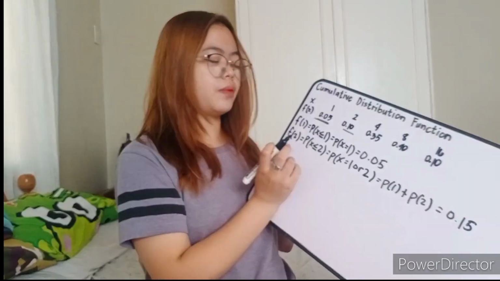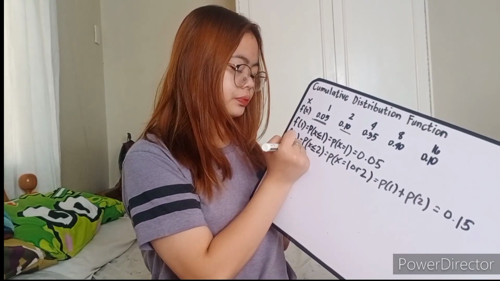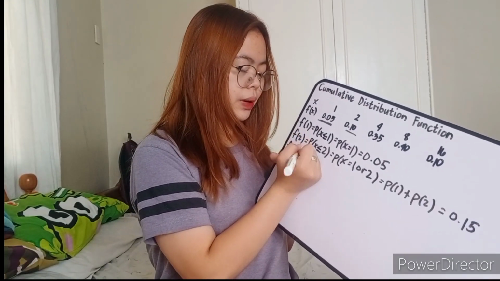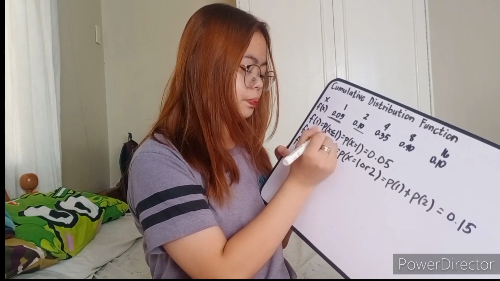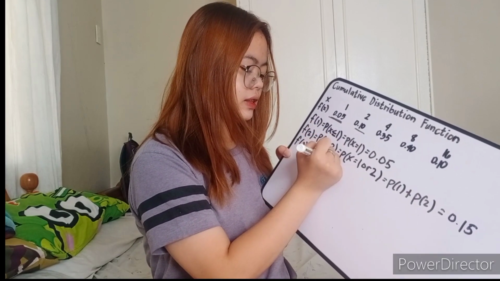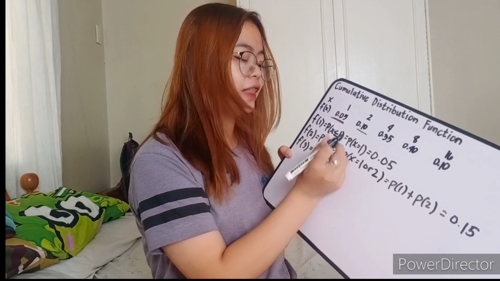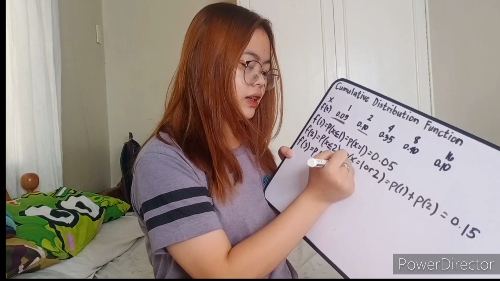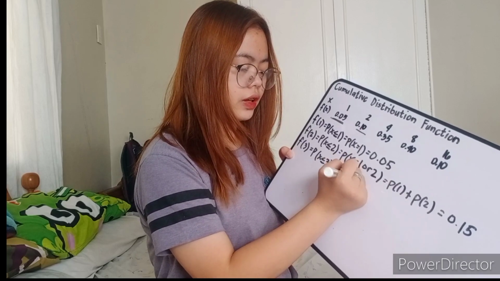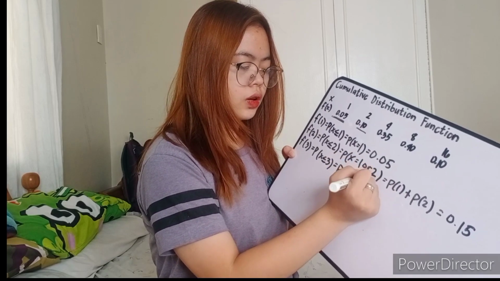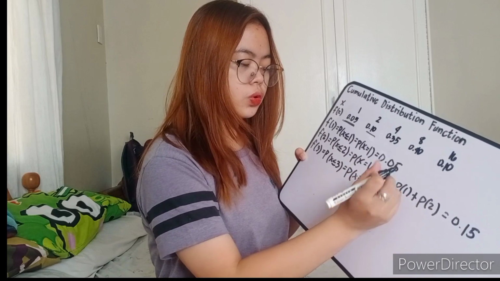So, para sa F of 3 natin, ganun lang din siya. Pag-a-addin lang din natin. So, P of X less than or equal to 3 is equals to P of X is equals to 1 or 2.